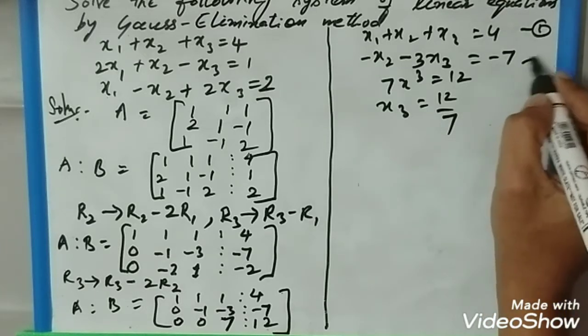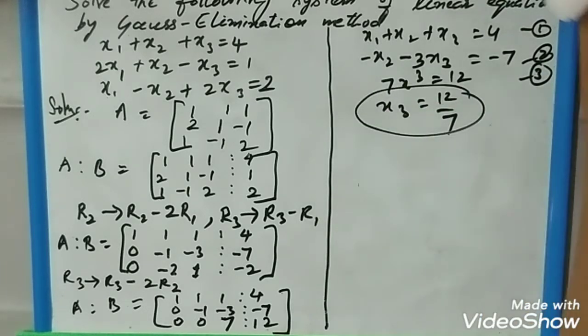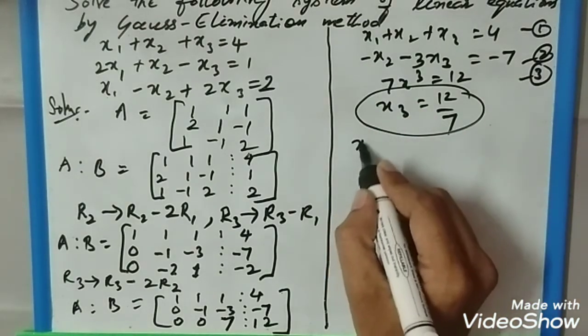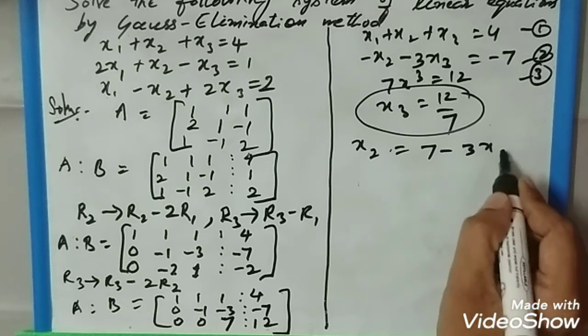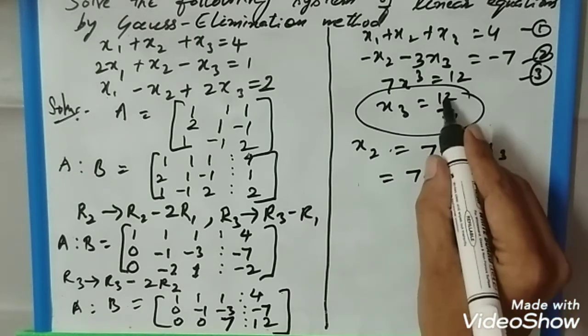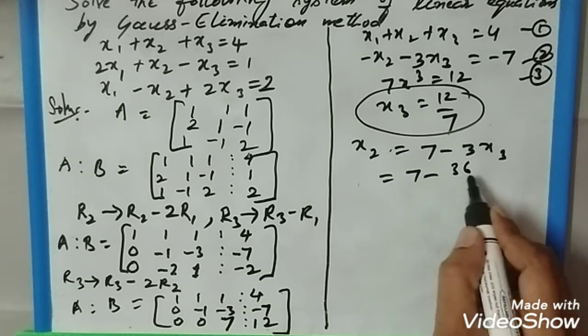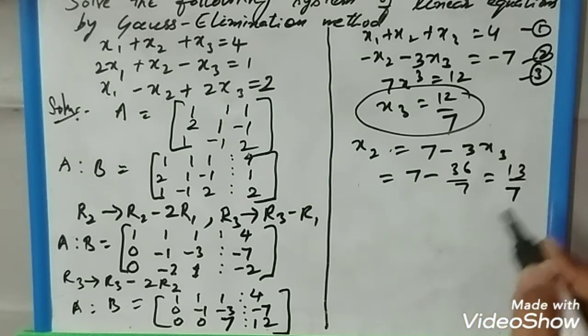Suppose this is the first, second and third equation. From the third equation, you got the value of x3. Now to get the value of x2, you can write the second equation like this: x2 is equal to 7 minus 3x3, which is 7 minus 3 into 12 by 7. 3 twelves are 36, so 7 minus 36 by 7; if you take the LCM, you'll get 13 by 7.